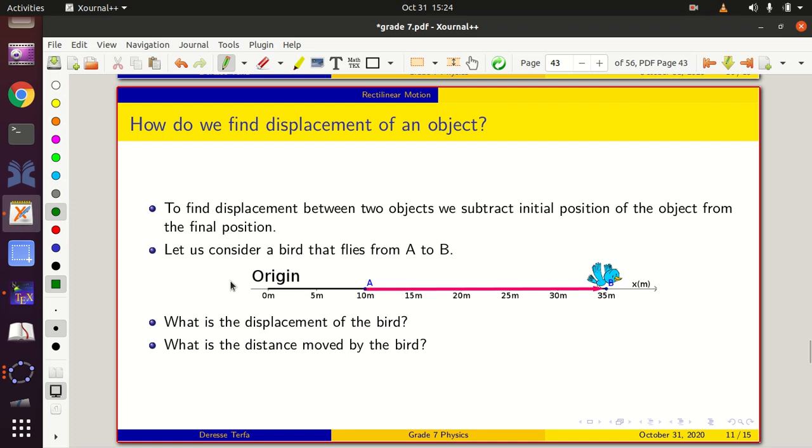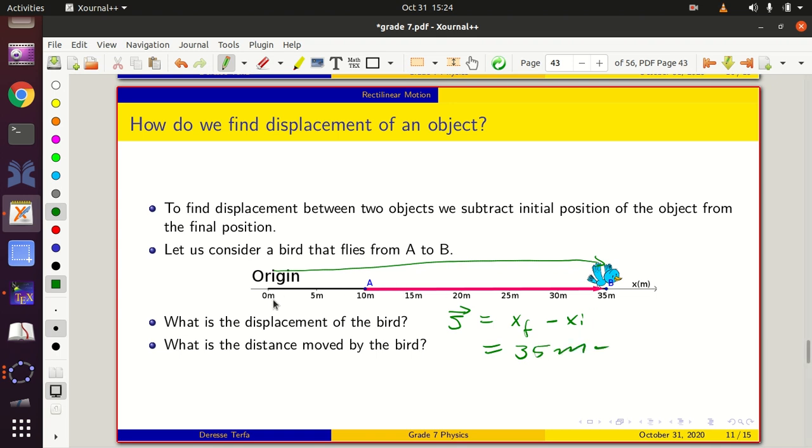Therefore, what is the displacement of the bird? As I said, the displacement of the object is final position minus initial position. In our case, x final is from the origin to the final position of the bird, which is 35 meter.